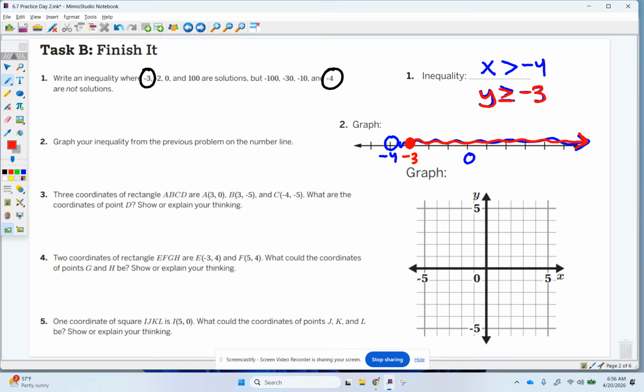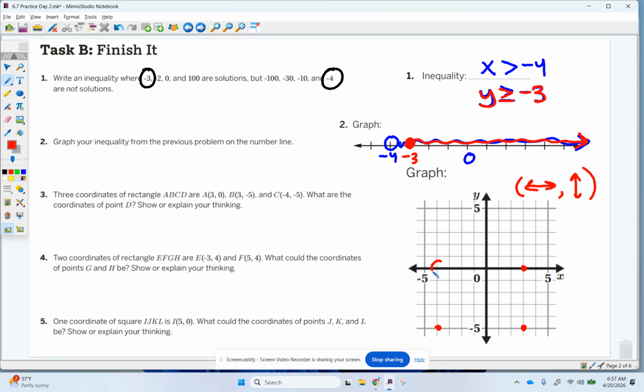And then we're going to be graphing a couple of things. It says 3 coordinates of a rectangle are, and again, I always draw this symbol, 3, 0, 3, -5, and -4, -5.